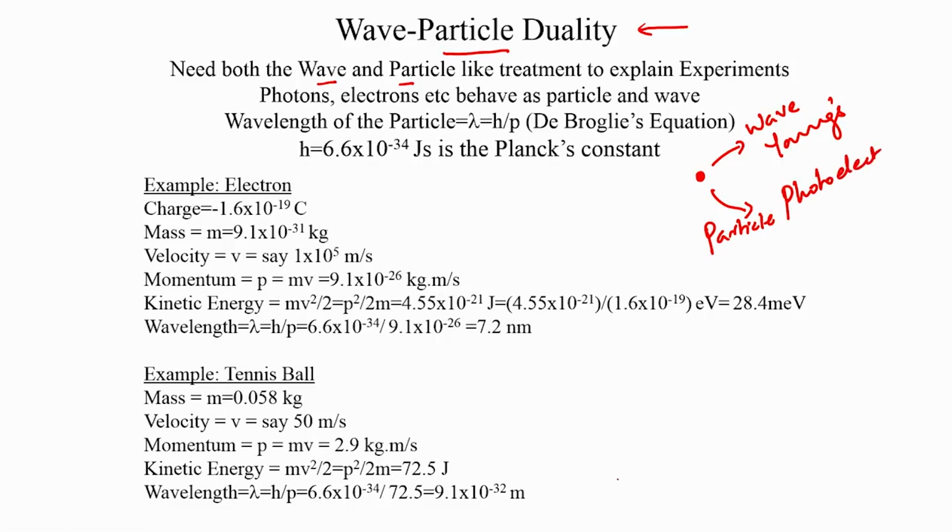Okay. And if you look at the electron, we have its wave like nature appear in the experiments that we just discussed, like the Young's double slit experiment, and we have its particle like nature appear in experiments which involve, say, scattering.